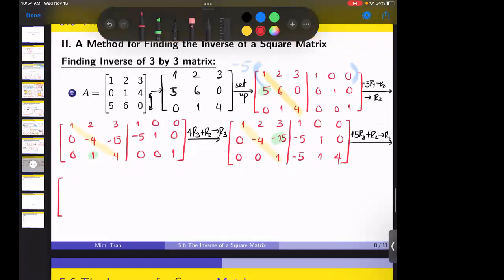The first one stayed the same, 1, 2, 3, 1, 0, 0. The third one also stayed the same, 0, 0, 1, -5, 1, 4. The second one is the one that changed. For the first one, it does not change, right? Anything plus 0 stays the same. So 0, -4 stays the same.